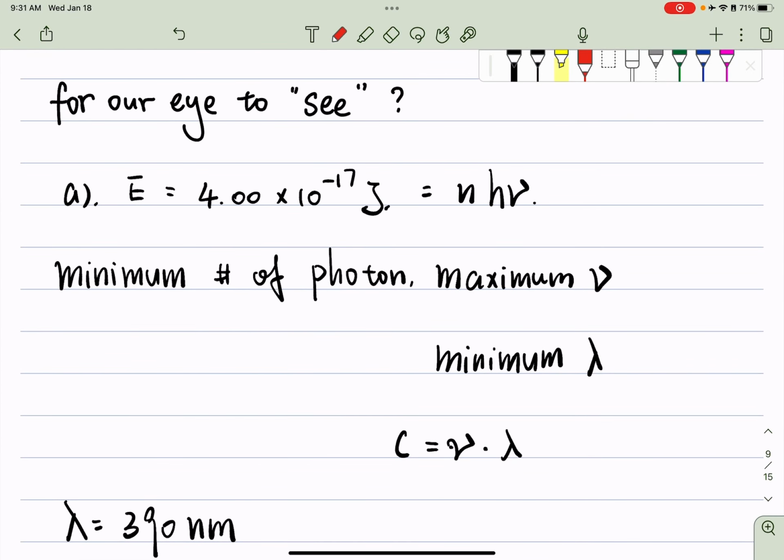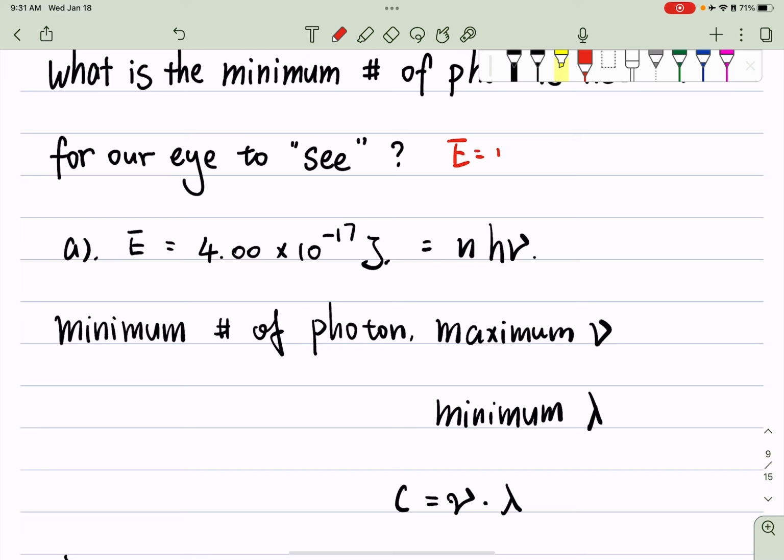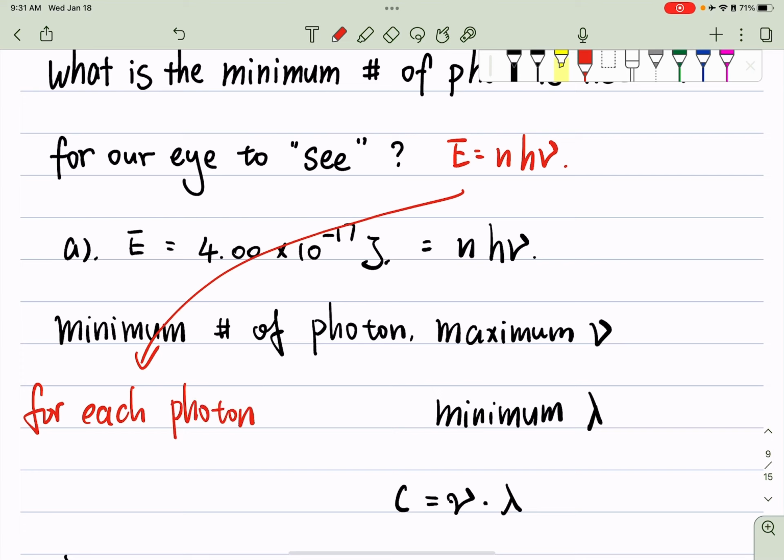When we're saying E equals nhν, what we're saying is for each photon, E photon equals hν. So n here just tells you how many photons there are. One photon is hν of energy, 2 photons is 2hν of energy. That's the relationship.